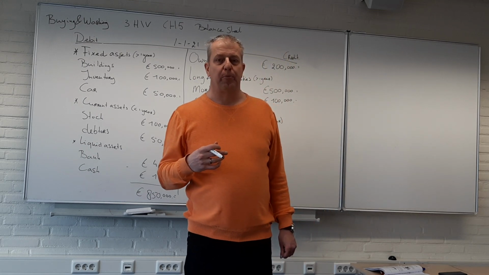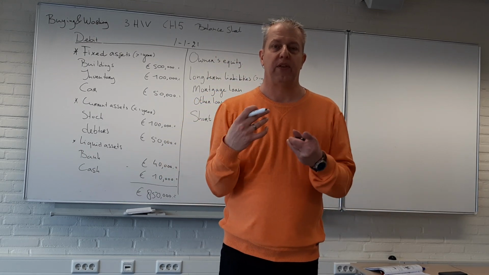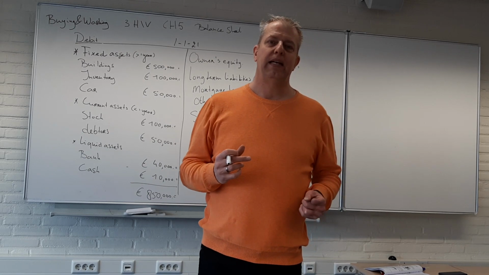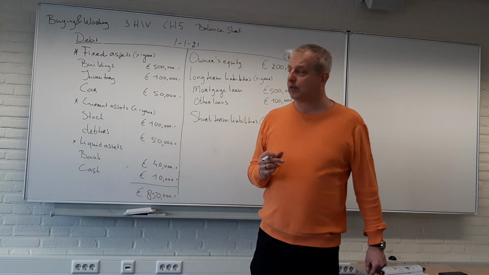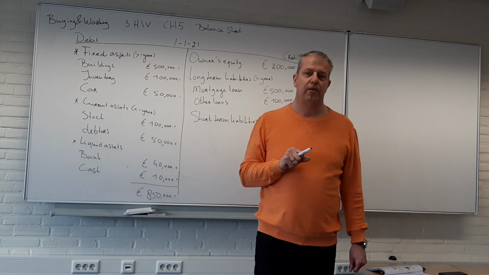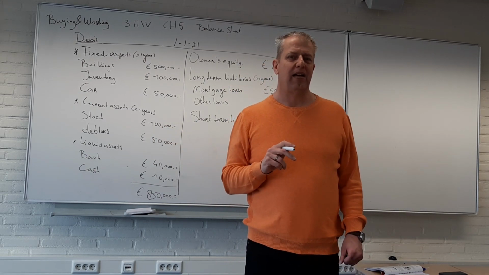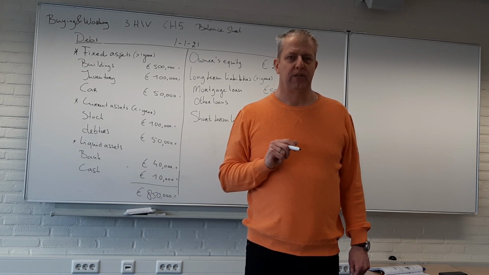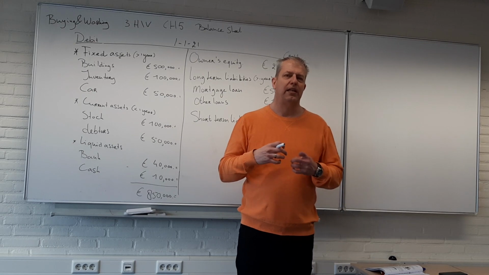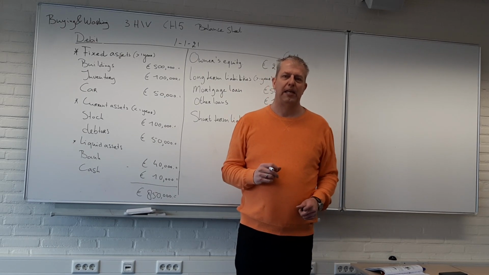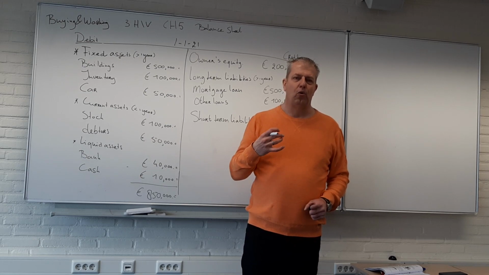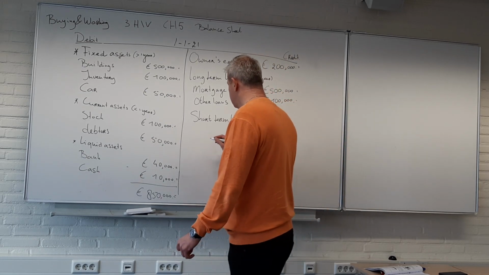Those are companies or people to which I sell things, but they didn't pay yet. It can work the other way around as well. Suppose I bought stock, 50,000 euros worth of stock, and I haven't paid the bill yet. So 50,000 euros that I have is actually for the people that I bought the stock from. Those are called creditors.